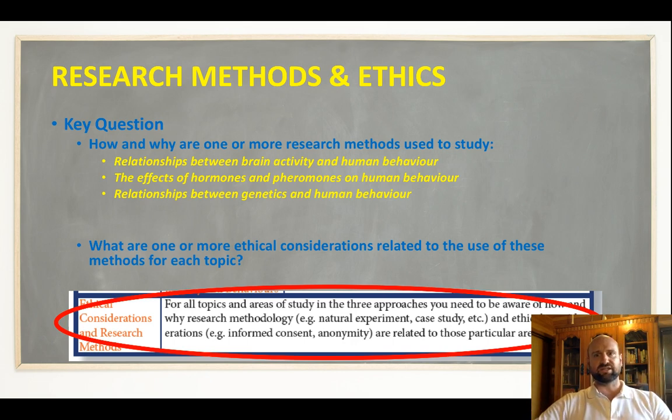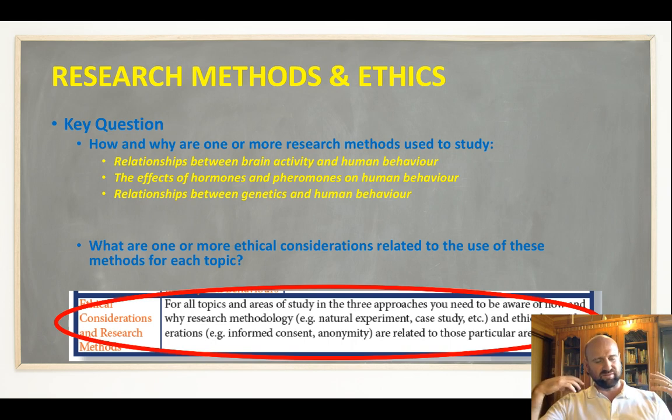Now it's been changed, so we've been told technically they could be asked about methods and ethics in relation to the specific topics. So as much as possible in the revision book I've made, and in my course and other materials, I've really tried to overlap it, because I think that's a horrible addition in the amount of content. Explaining true experiments, explaining experiments in genetics, for example, is very different than hormones or the brain.